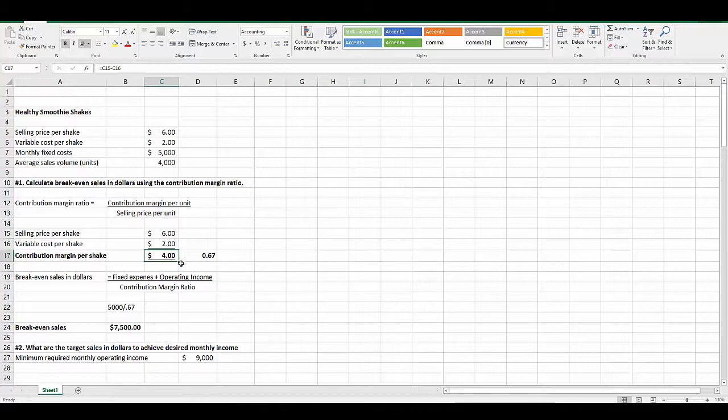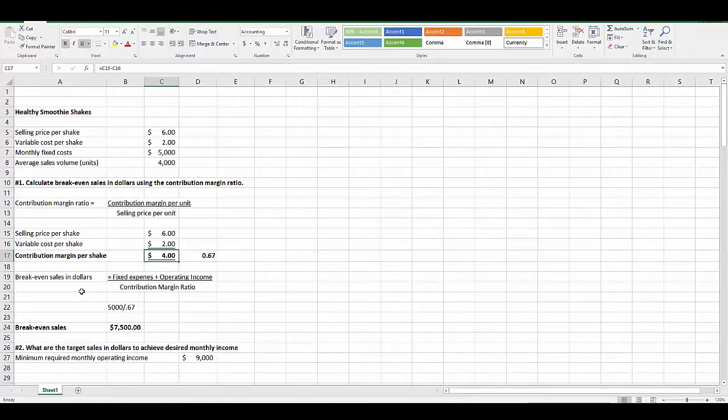So in other words, what percent is 4 divided by 6? So it's 67%, 0.67. So once you have this information, this then allows you to analyze the data more in depth.